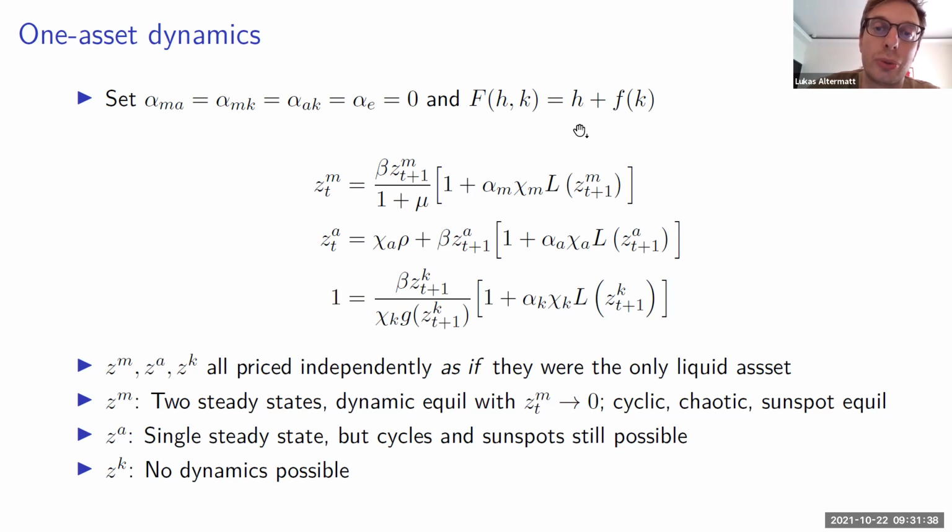Here we basically do it to make our life harder, in the sense that capital cannot cycle, because the Euler equation for capital, the third one here, is not a difference equation. It is just an equation in k t plus 1, but k t does not show up. So the decisions for capital holdings are static under these configurations. When capital is the only liquid asset, no dynamics are possible.